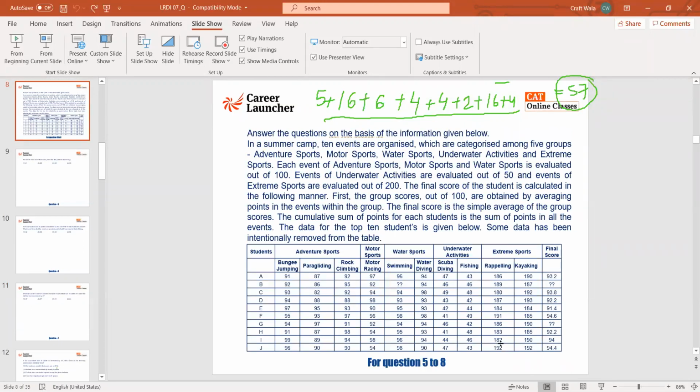So see here, how much is I here? 182. The highest I can get is 200 here. So to make it 200, how much more can I give him? I can give him 18 points here. And for kayaking, if I want to make this 200, how many points should I give him here? 10. So here 18 and here 10. That is how I got 18 points and 10 points. Because I'll try to make them as high as possible.